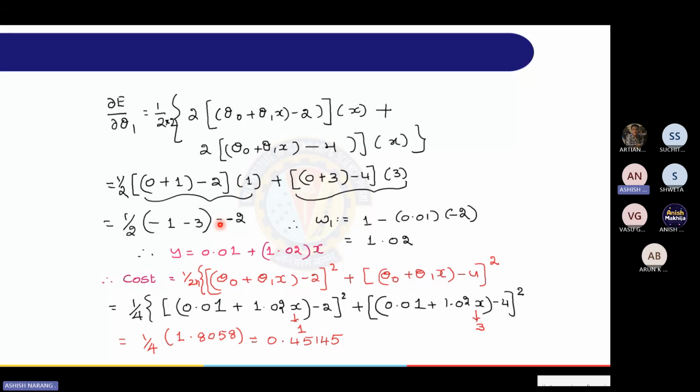Very simple mathematics: 2 into x square plus 2x, multiplied with the derivative of x square plus 2x, right? Yes.